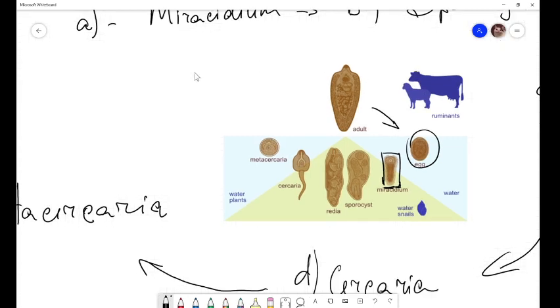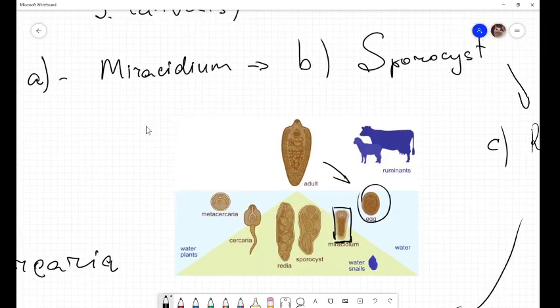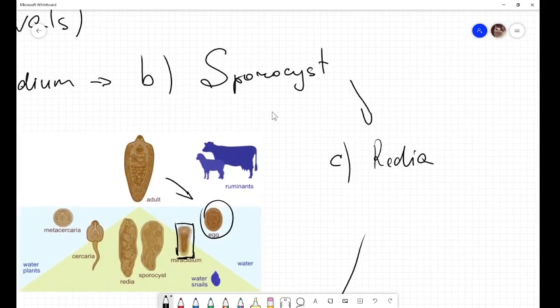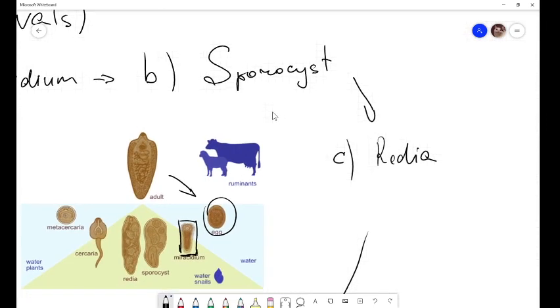And miracidium inside the liver of the water snail forms a sporocyst. What is a sporocyst? Sac-like organism containing masses of germinal cells, which develop into daughter sporocysts or rediae.